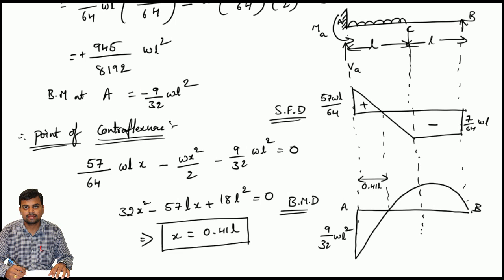This is a negative value and this is a positive value, and here you will get the maximum value as 945 WL square by 8192. This will be the maximum bending moment here, and this will be the bending moment diagram.